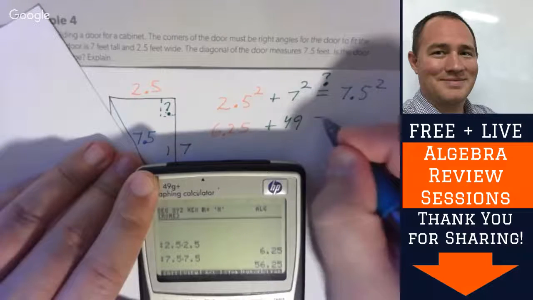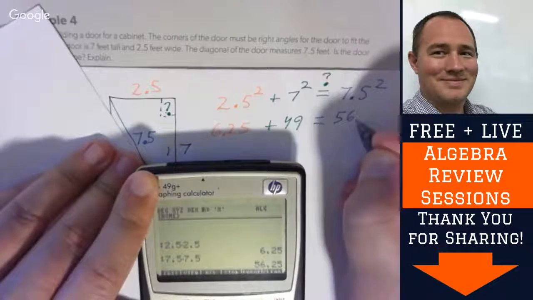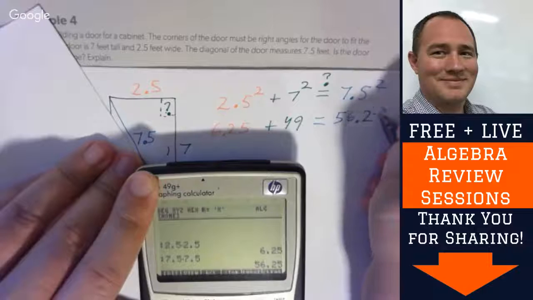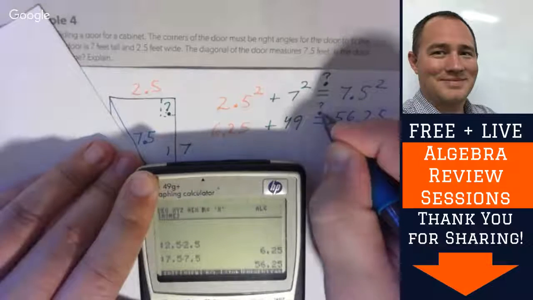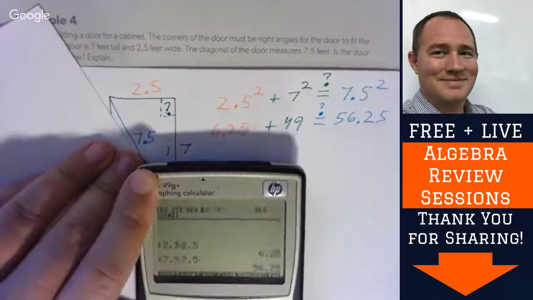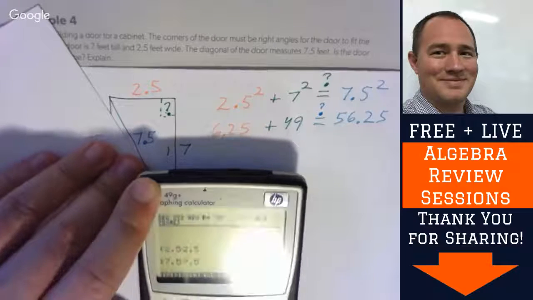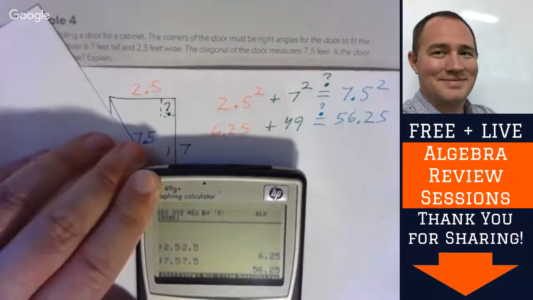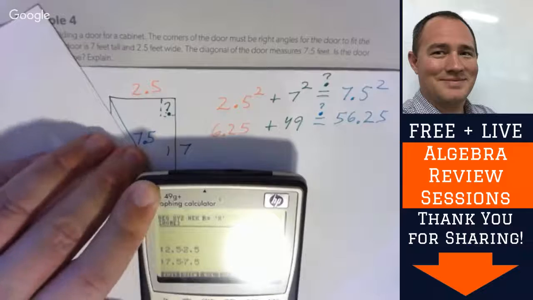Do that in blue. I'm going to bring down a question mark. That's what we're testing, if those are indeed equal. So let's go ahead and add 6.25 and 49.